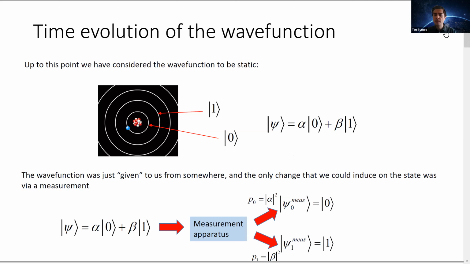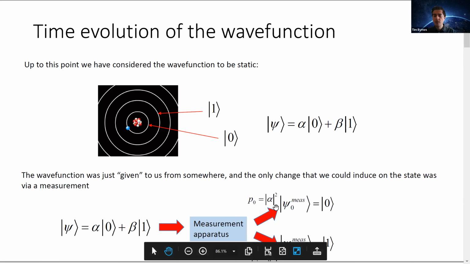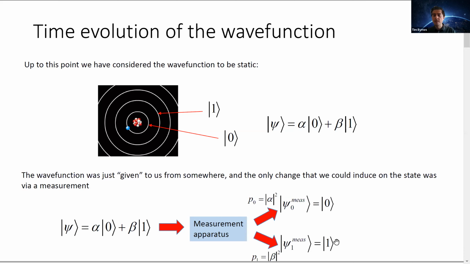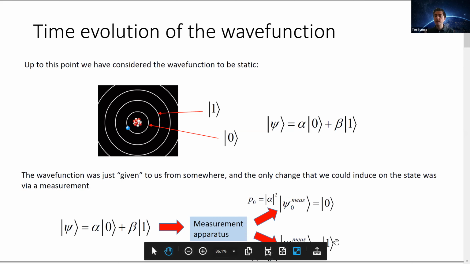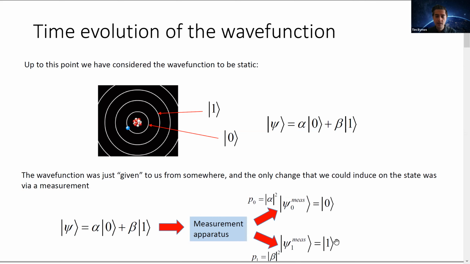So far, the only type of change in the wave function that we've seen is through measurement. We start with some state, and then we measure it, and then the wave function changes randomly into, say, 0 or 1 in this example. But this is not the only way that the wave function can change.